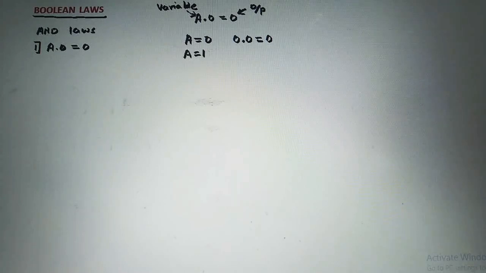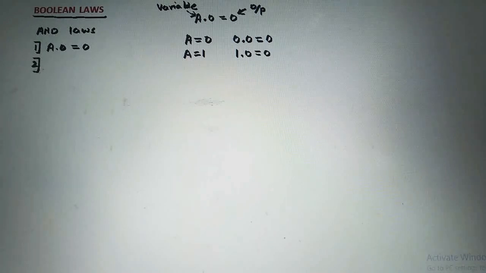Now we take A equal to 1: 1 ANDed with 0 is also 0. So if we take any value for variable A and AND it with 0, we always get 0 output. Because of that, A dot 0 is equal to 0.